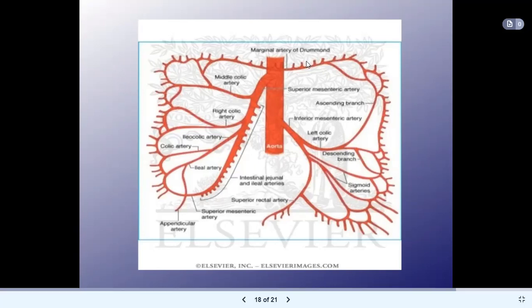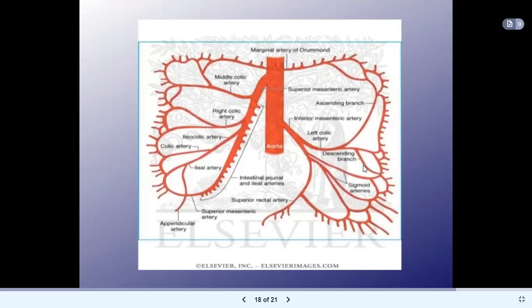And then it will anastomose with the middle colic artery. So the middle colic artery, some branch will come and anastomose here with the ascending branch of the left colic artery.